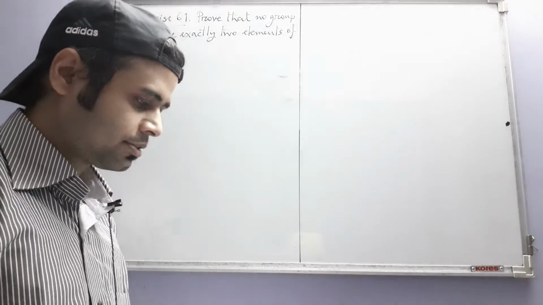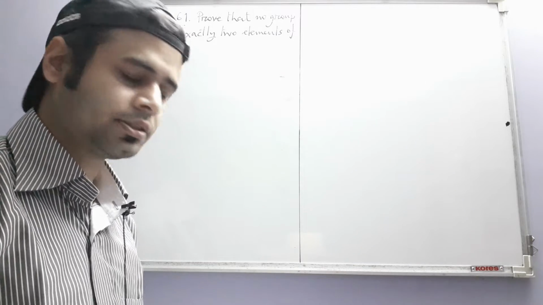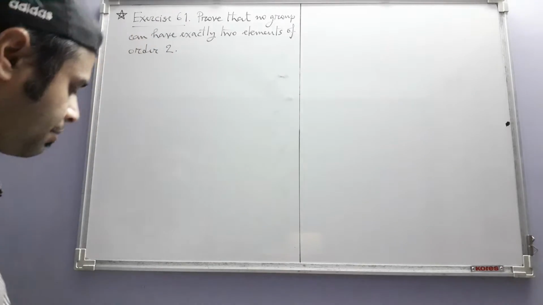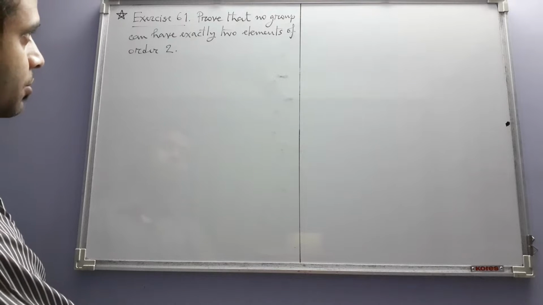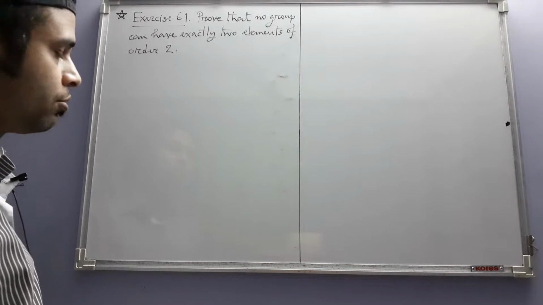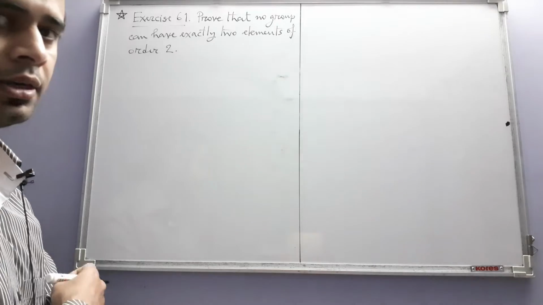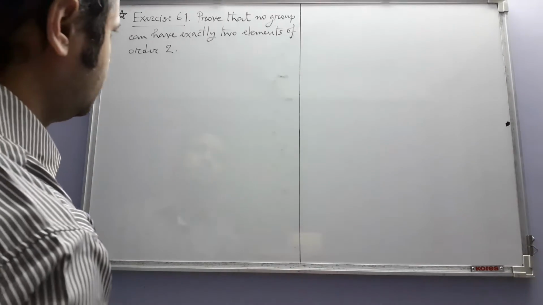Okay, so let us continue our solutions with exercise 61. Here we have to prove that no group can have exactly two elements of order 2.